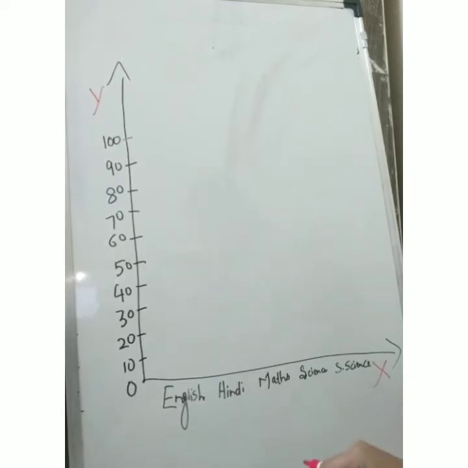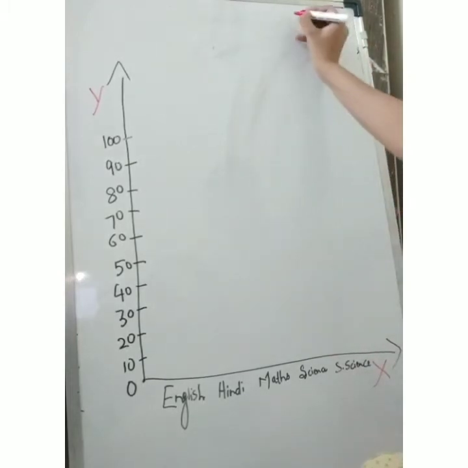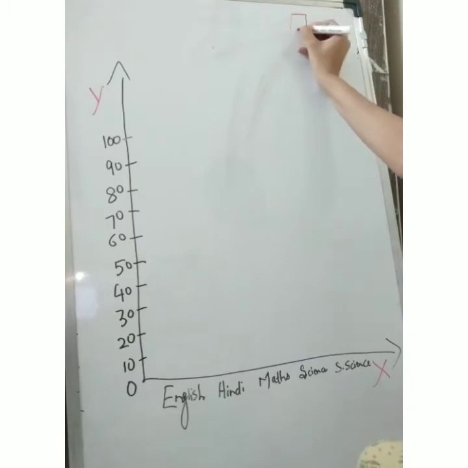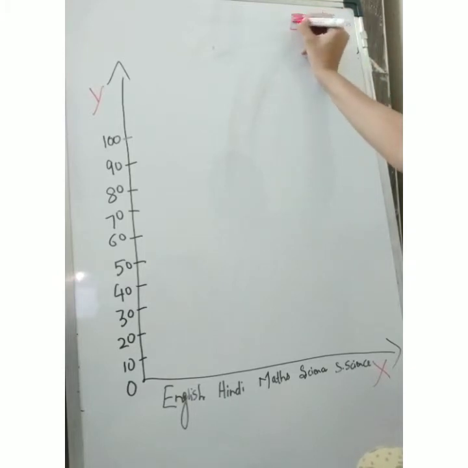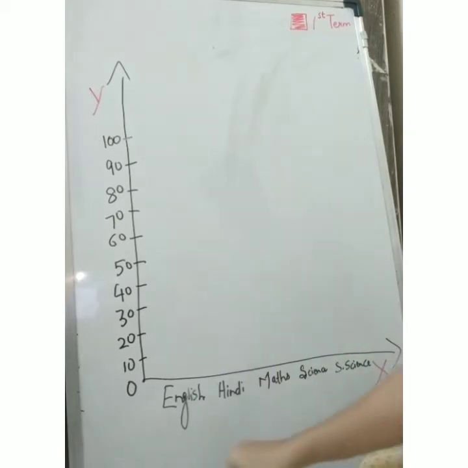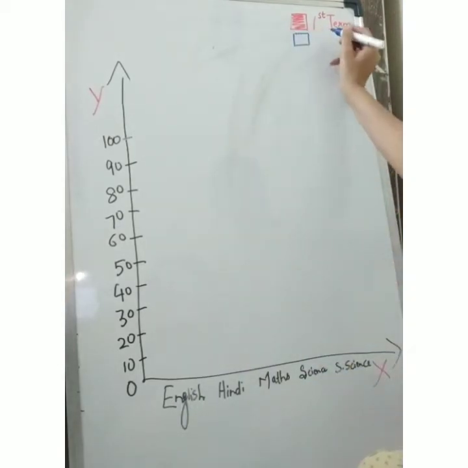So we can use colors, or we can draw lines or a different way to represent it. Suppose for first term I am using red color, and for second term I am using blue color.